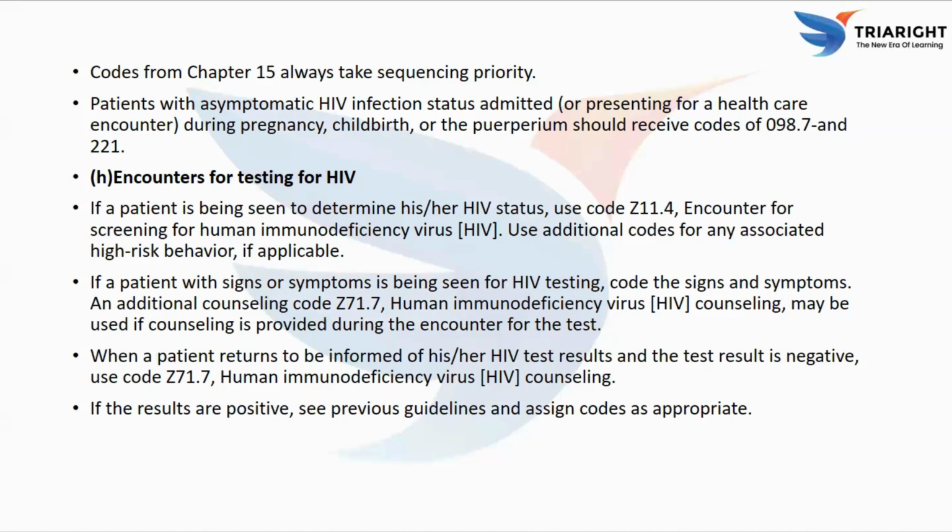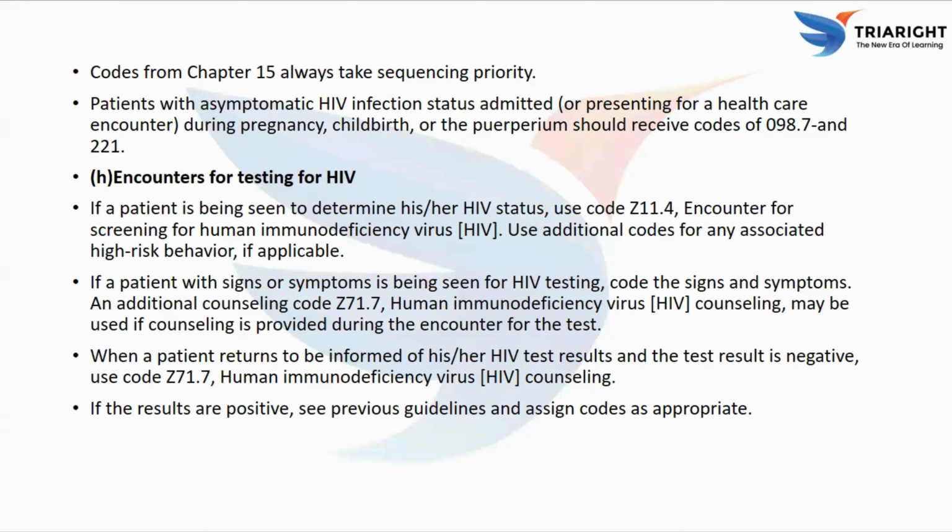So what about encounters? The H guideline is encounters for testing for HIV. This section explains how to code the test, not the diagnosis. This is important because people generally confuse HIV testing versus HIV status. What is the first guideline? The patient comes only to determine the HIV status. You have to use Z11.4, the encounter for screening for HIV.